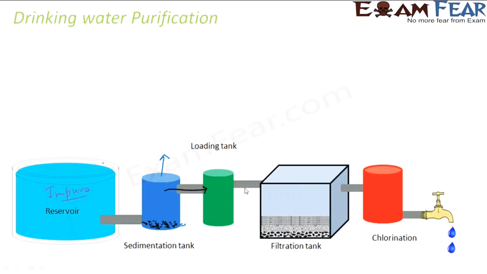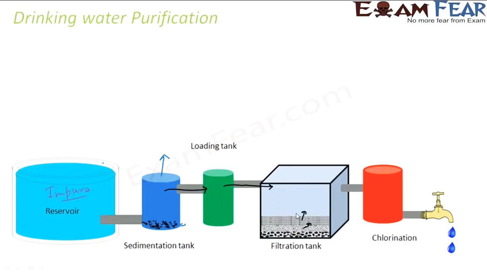Now this water is allowed to pass through a filtration tank. In this filtration tank we have sand, gravel, and coarse stones. The sand is on the top layer, then we have gravel, and then coarse stones. These are charged sand.